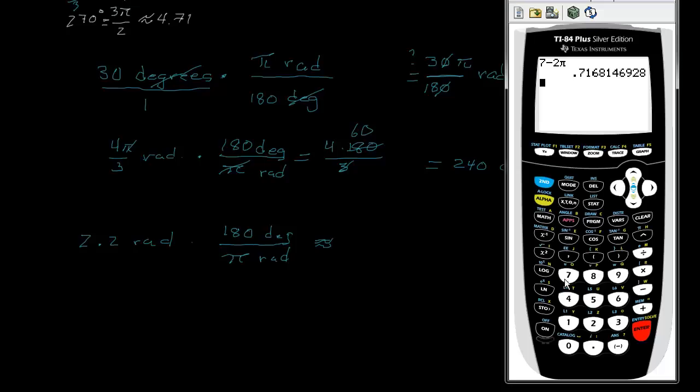I would just say, all right, well, 2.2 times 180 and divide by pi. And in this class, whenever pi is in the calculation, use the pi key. And I get about 126 degrees.